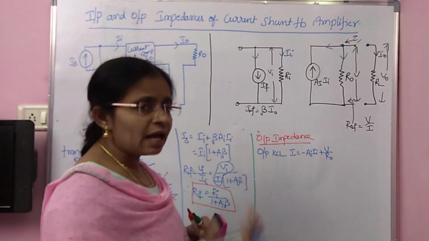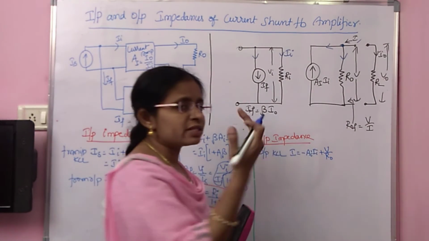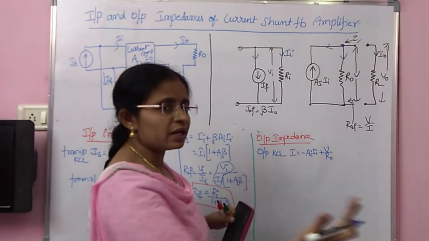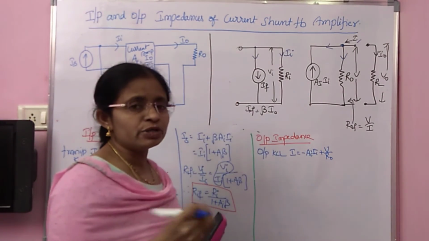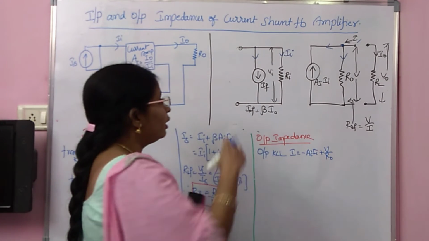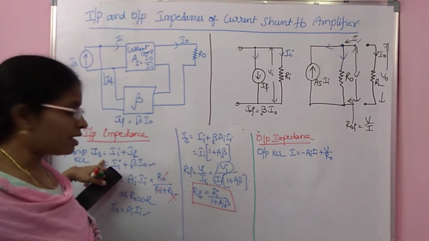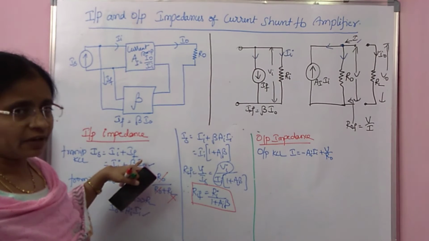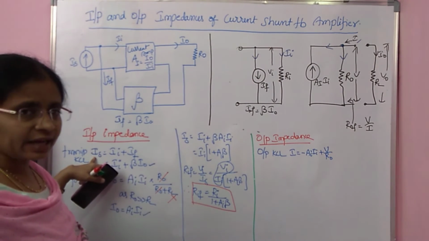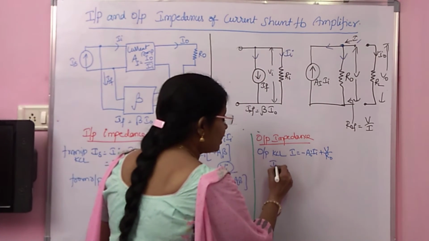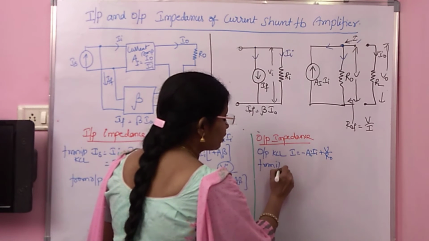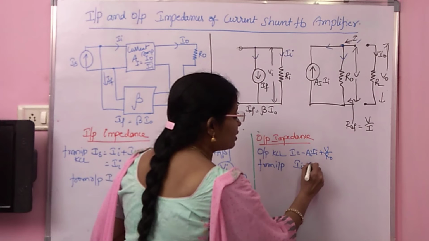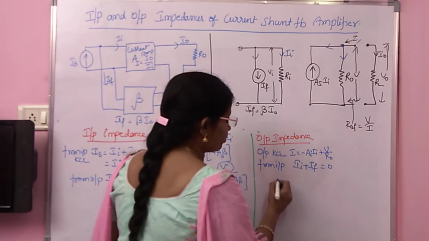Now we have to find what is II because it is the only parameter which relates with input. Now if you observe the input, we made Is equal to 0 by opening the current source. Now if you substitute here, Is is equal to Ii plus If equation. As Is is 0, from input, II plus If is equal to 0.